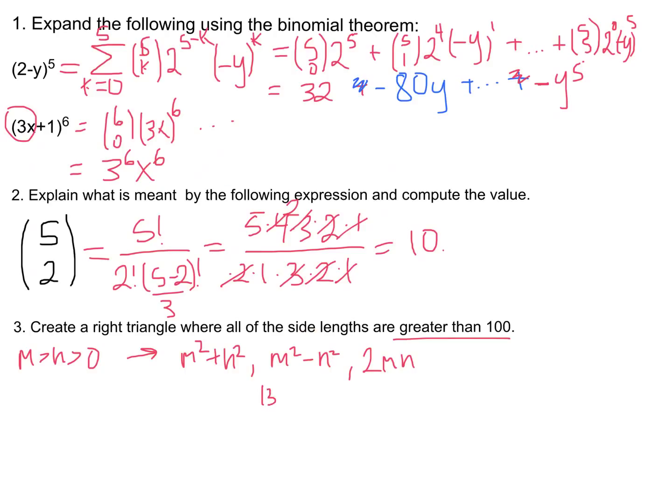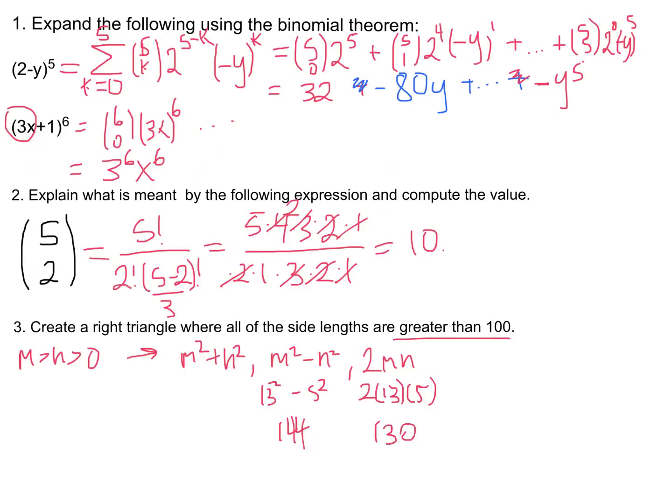I could potentially do 13 squared minus 5 squared. 13 squared is 169. 5 squared is 25. So 169 minus 25 is going to be 144. And then twice mn will be 2 times 13 times 5. 2 times 13 is 26, and 20 times 5 is 100, and 6 times 5 is 30, so this will be 130.